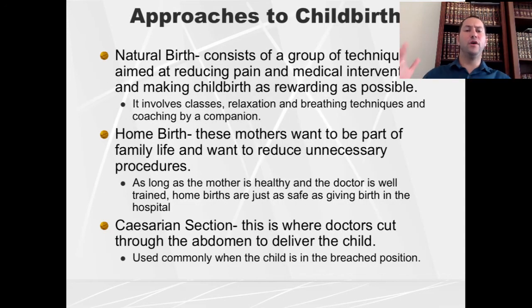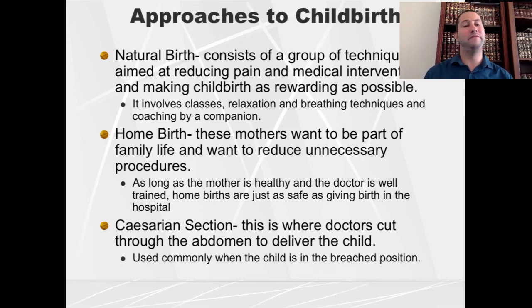So how do we deliver? Well, there are different kinds of labor and delivery techniques. So natural birth is usually through Lamaze, breathing techniques, coaching of the companion, and it's a vaginal birth, right? And the goal is to try and reduce as much intervention as possible. Now, natural birth, as I said, also implies vaginal birth.